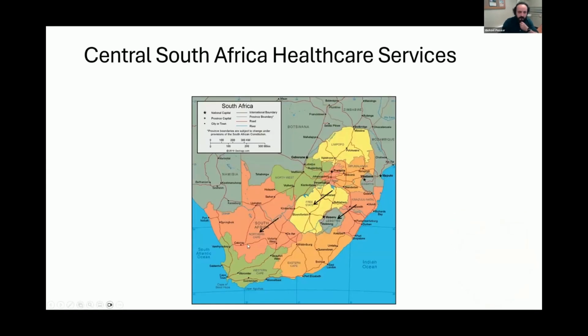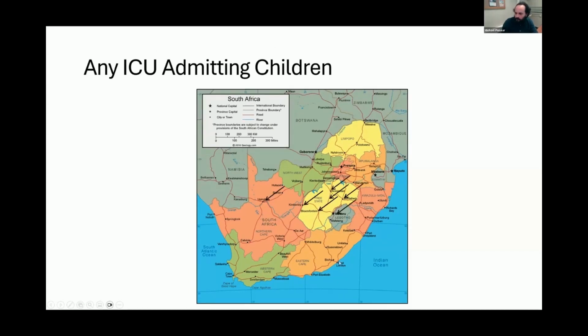So we are in central South Africa, so our region is the Free State Province, but we provide tertiary level intensive care services to the Free State and the Northern Cape in South Africa, which is a very large, sparsely populated area. And then we also provide referral level services for our neighboring country, Lesotho. Within that space, ICU is a mixture, children in general ICUs, which is the bulk of ICU services across that region, but widely spaced, particularly in the Northern Cape, only 2 ICU providing centers.